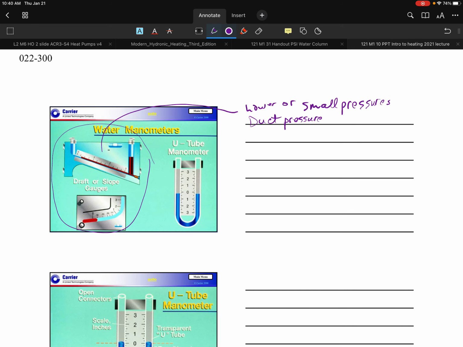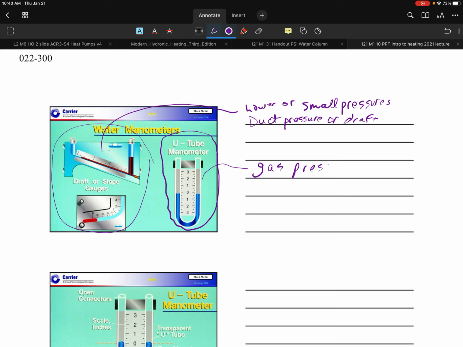And to some extent, draft pressure. Draft pressure would be like a vent system, where you can really have some tiny pressures.